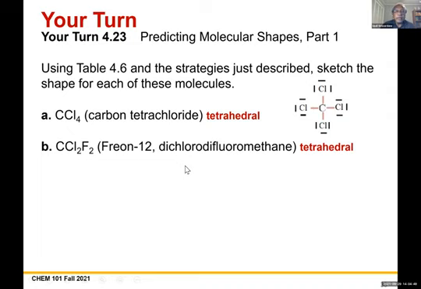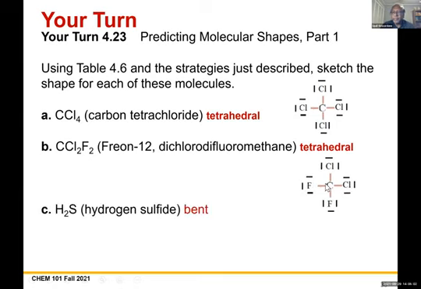In this chlorofluorohydrocarbon, Freon 12, the carbon atom is the central atom. Therefore, there are 4 bonding electron pairs, so it is tetrahedral. They are equally distributed in space. In hydrogen sulfide, H2S, it's like water.